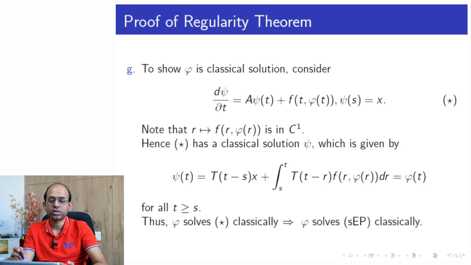I am not saying that whatever classical solution the ACP may have would have this particular formula. So in this roundabout way we have obtained just the existence of the solution of the ACP.